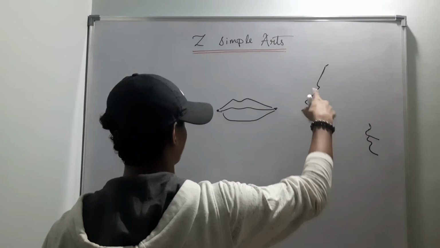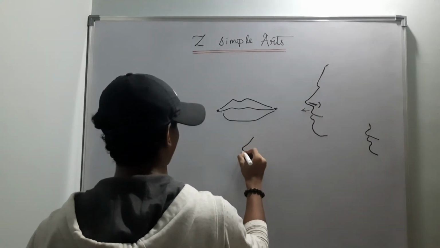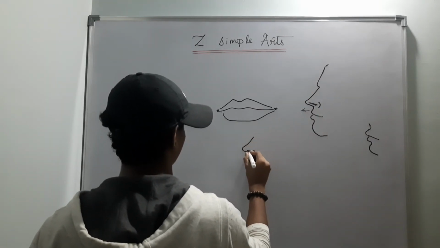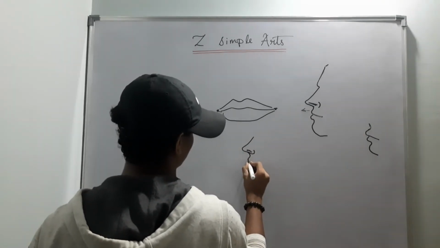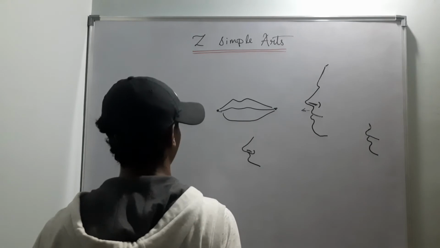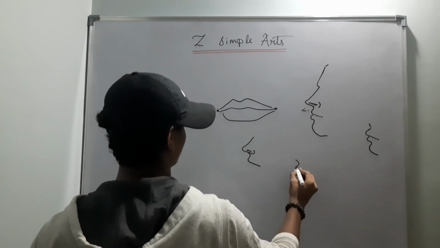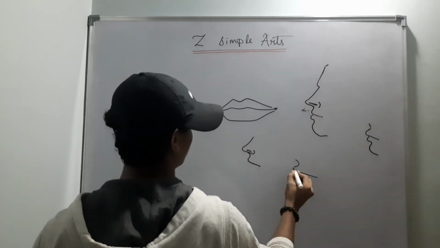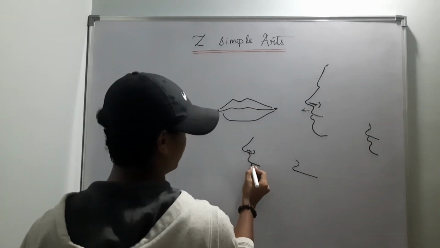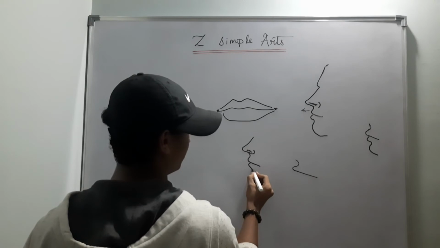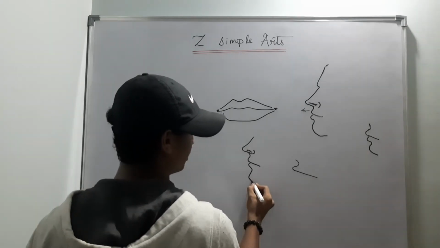So if you want to do something like this, you have to get the nose proper at the first point, draw a curve and a line. This is simple, as if a semicircle and a line which is joined, and then the lower lip lies a bit behind that of the upper lip.